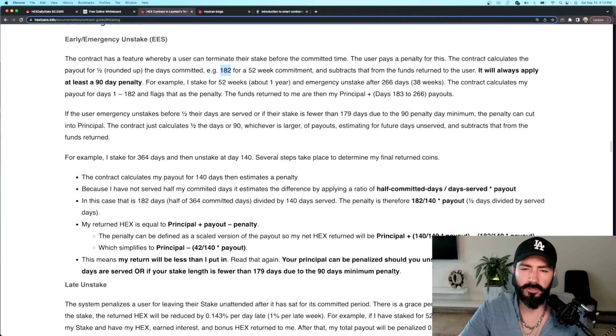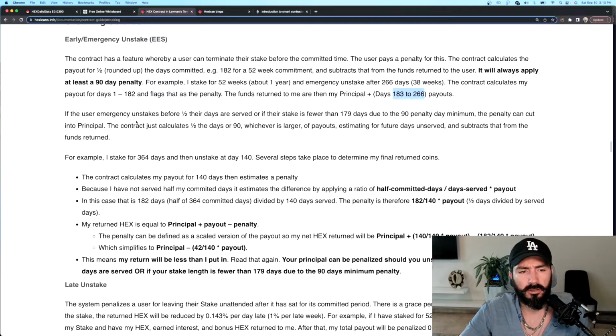The funds returned to me are then my principal plus days 183 to 266. So it's the days after this. So that's my penalty, the first 182 days. And then I only get days 183 through 266 plus my principal. So the first 182 days, the first 50% of the committed days, is the penalty.